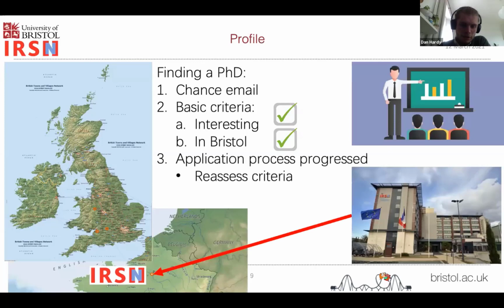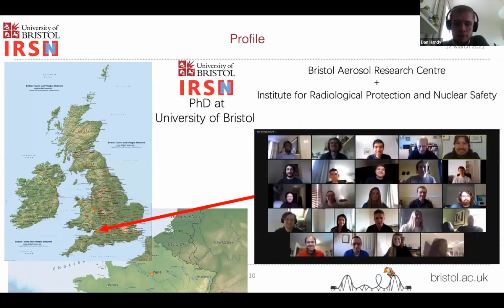So I ended up going to Paris to the funding body that were providing this studentship. It's funded by a French nuclear safety organization. I went over there and presented myself and what the project was to them. I'm very happy to say that I was awarded it.